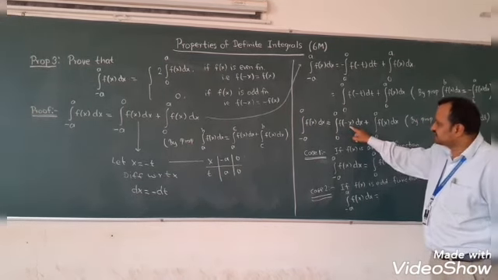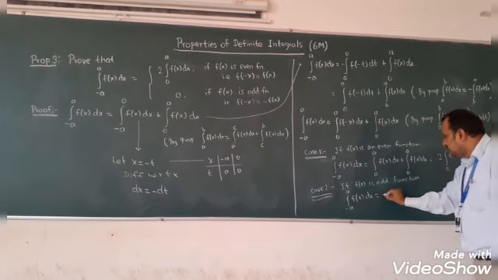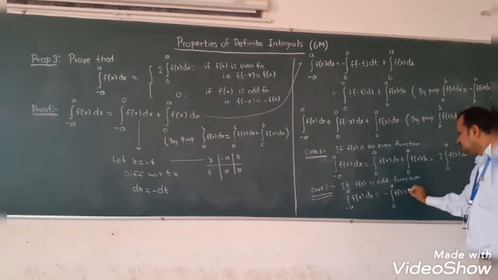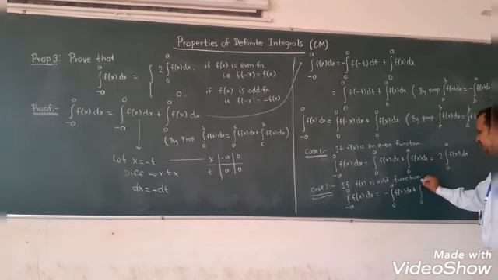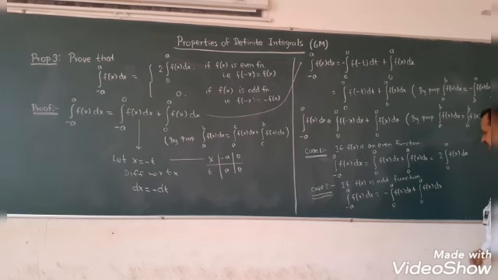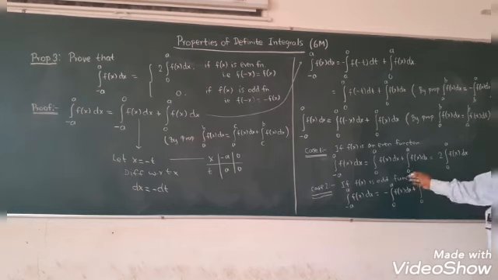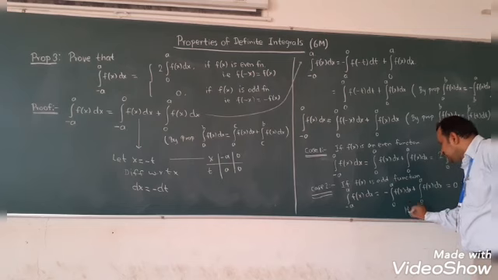F of minus x equal to minus of f of x. So this will become minus of 0 to a f of x dx plus, and this will become what? 0 to a f of x dx. So you can see here both will get cancelled and finally you will get 0. So if f of x is an even function, minus a to a f of x dx is 2 times of this. If f of x is an odd function, we can say this. So here we can say finally, hence.